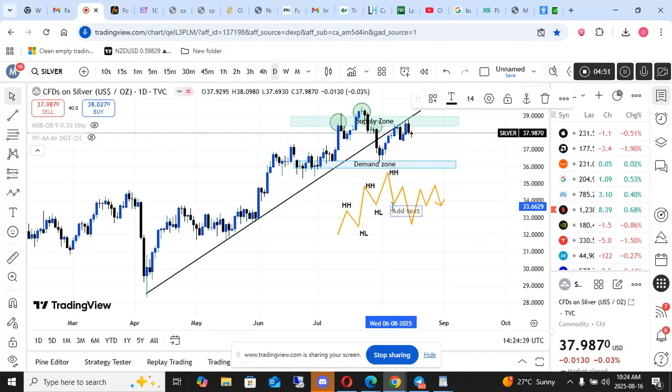Then it makes a lower low. This lower low gives us an equal low, showing that the sellers are coming in.